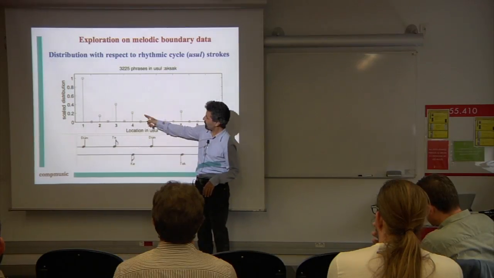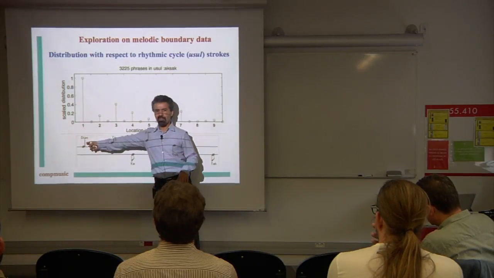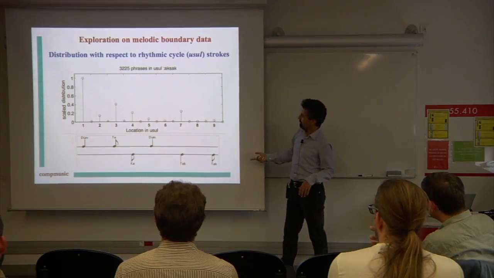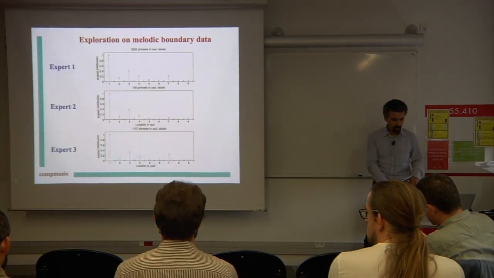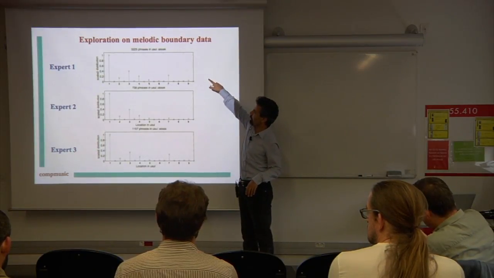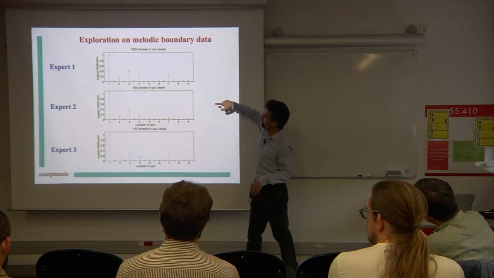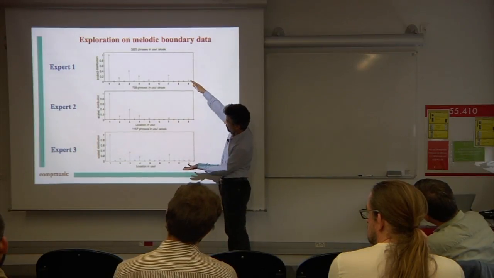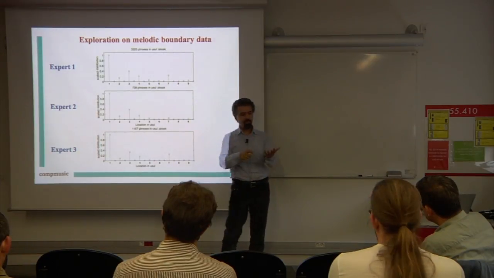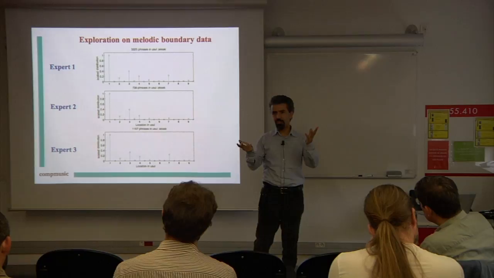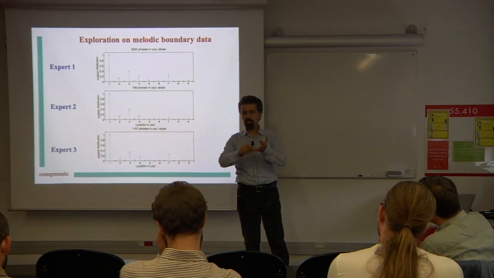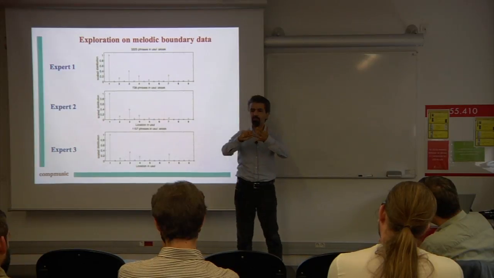You would see there is some synchronization with the important strokes in the usul. If you look at the distribution of different data sets from different experts, again you would see similar structures. That means when they make a preference, two dimensions are prevalent: the emphasized, important notes of the makam, and also the usul strokes.